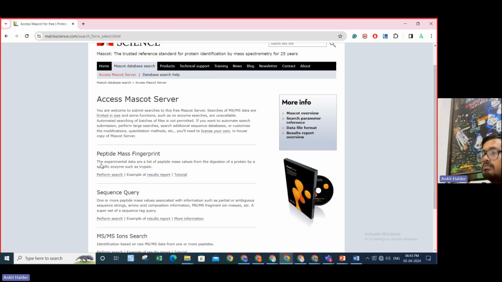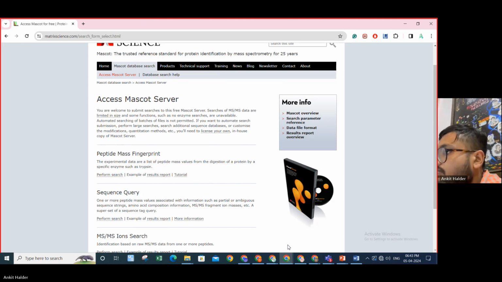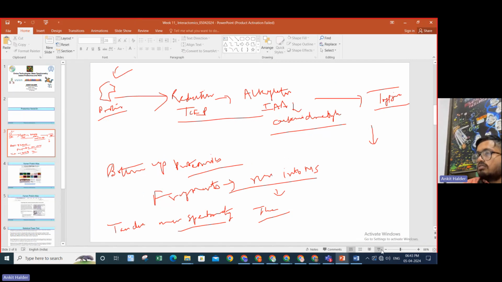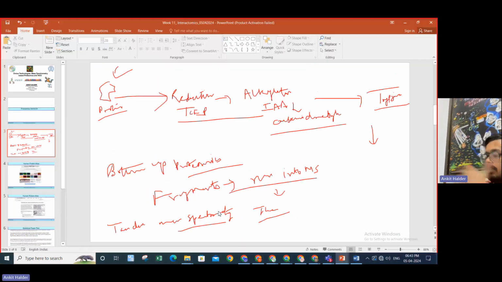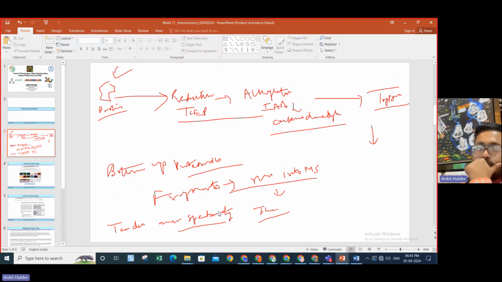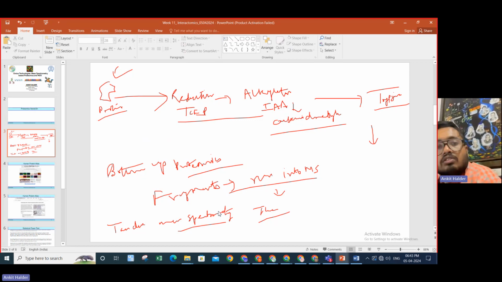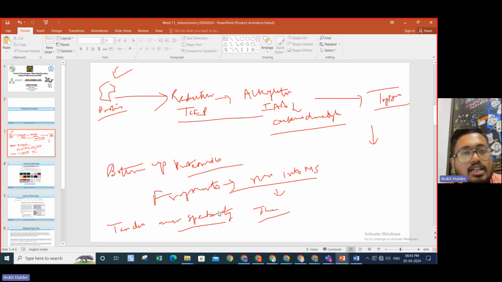So what is peptide mass fingerprint now? If you do it at an MS level, you will get only the m/z value of the whole peptide. The peptide can be 10 amino acids long or 15 or 20 amino acids long.